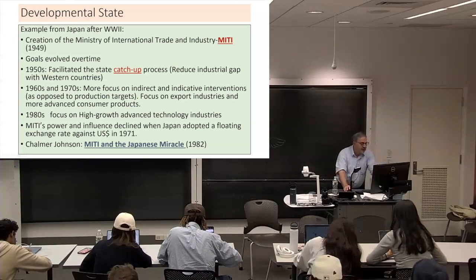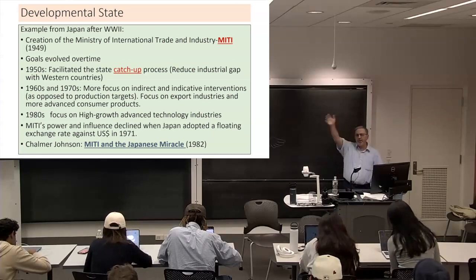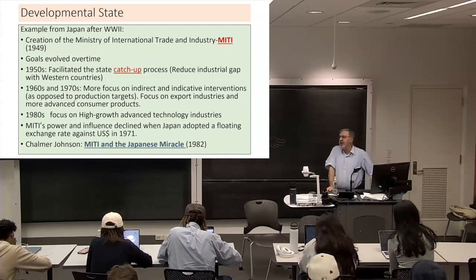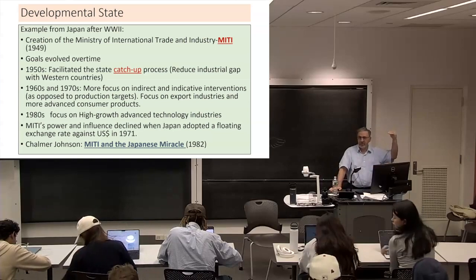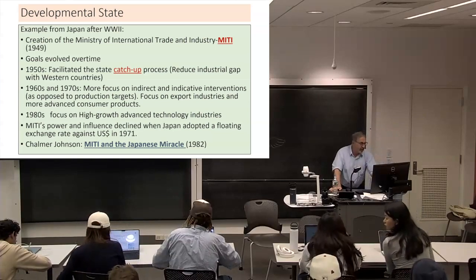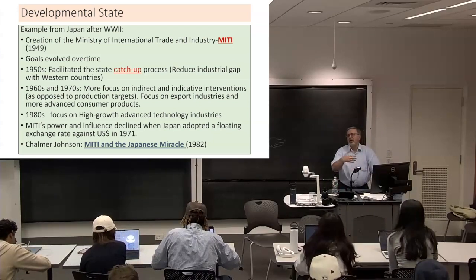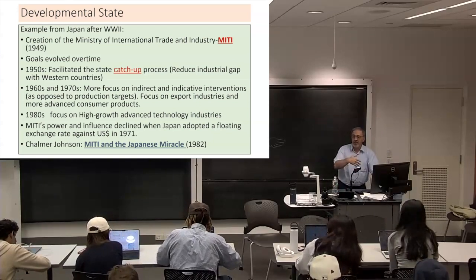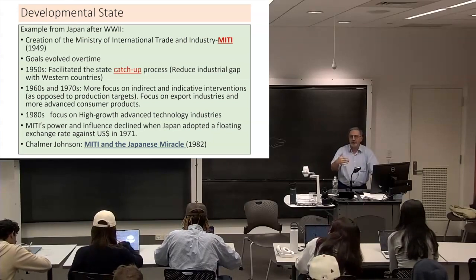Okay, so the 1950s. The broad objective was to catch up, industrial catch up, because there was a big gap between Japan and the standards of development, which were the United States and European countries. Production was encouraged, and of course, the favorable and positive attitude of the United States helped.